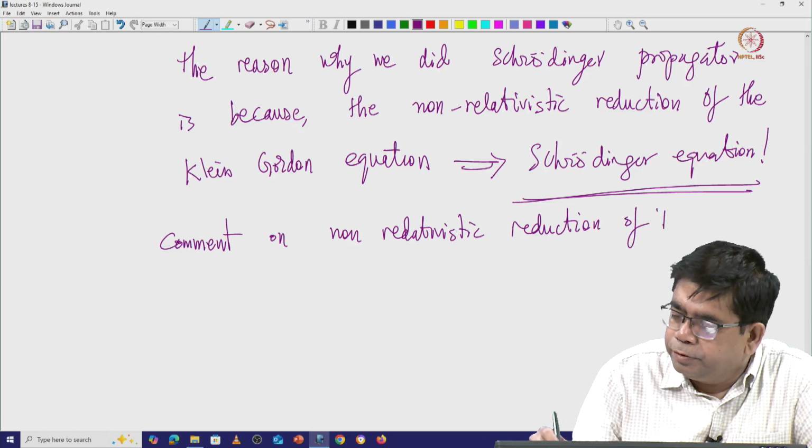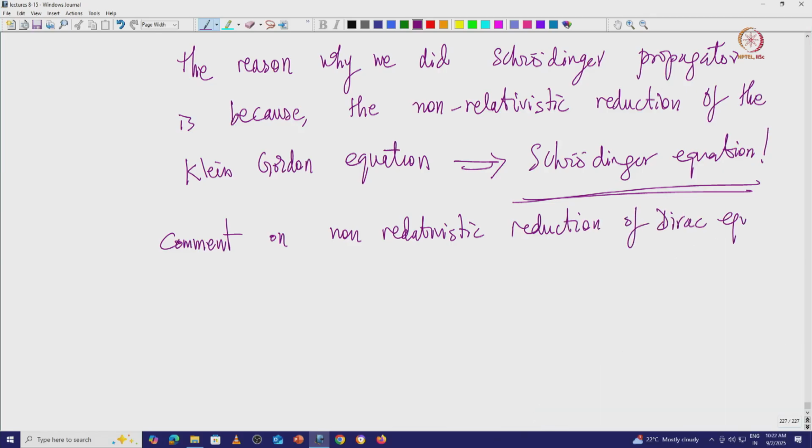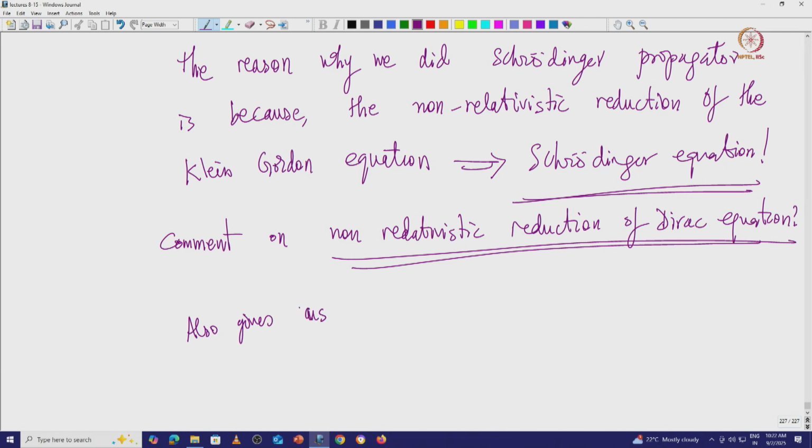you can ask the question, what happens to the non-relativistic reduction of the Dirac equation? If you do a non-relativistic reduction of the Dirac equation, what does it give you?